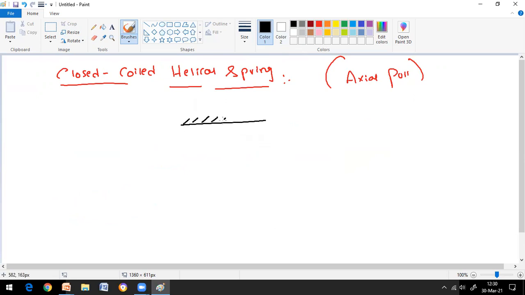A fixed member with a center axis of the spring.